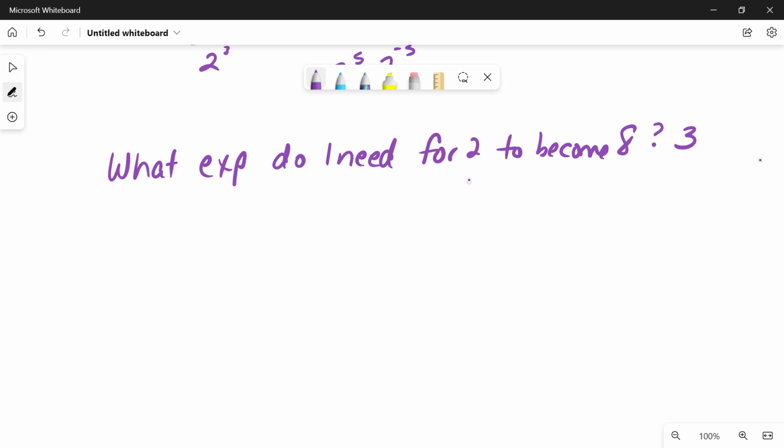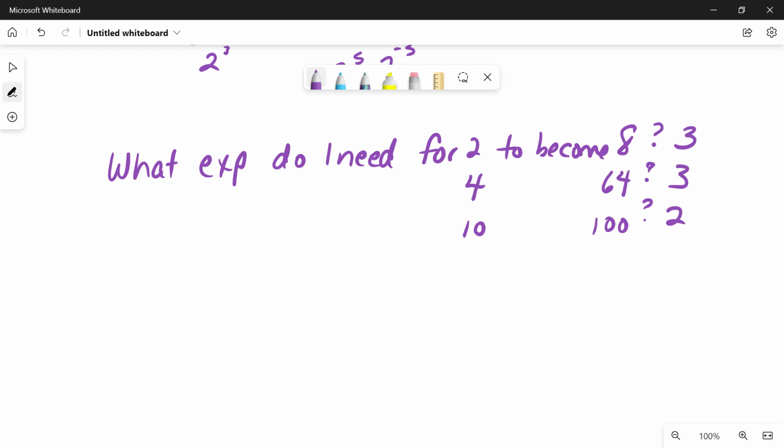What exponent do I need for 4 to become 64? It would be 3. 4 cubed is 64. What exponent do I need for 10 to become 100? The exponent would be 2. 10 raised to the 2nd power is 100.